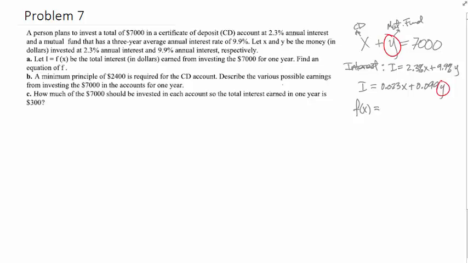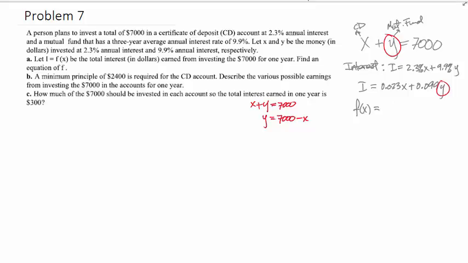Let's take this equation, x plus y is equal to 7,000, and solve for y so that we can replace this y. We get 7,000 minus x. So in place of that y, we will put 7,000 minus x.